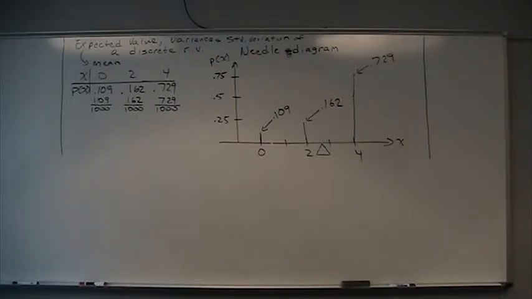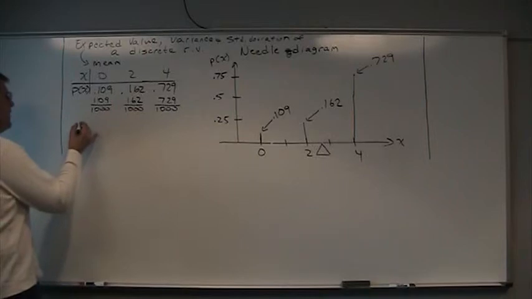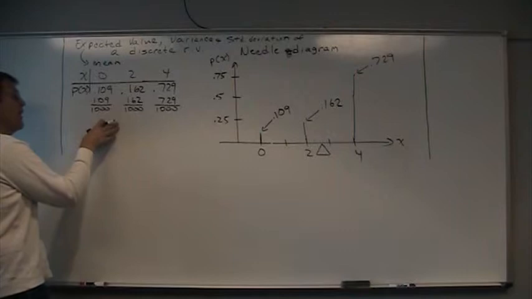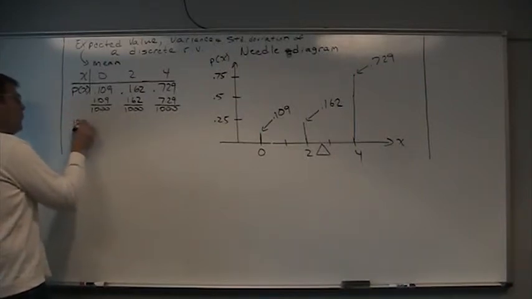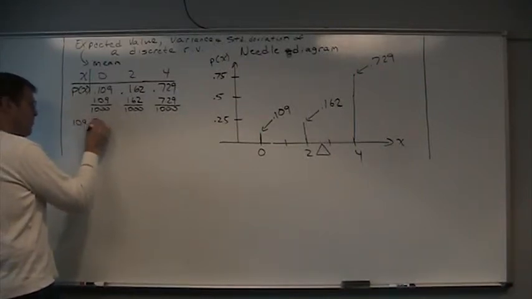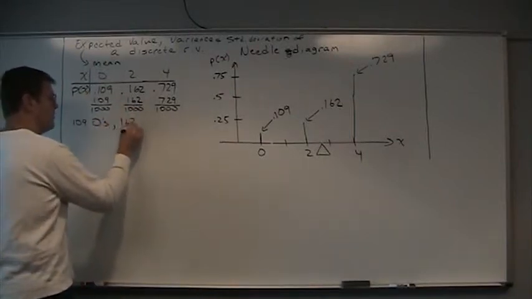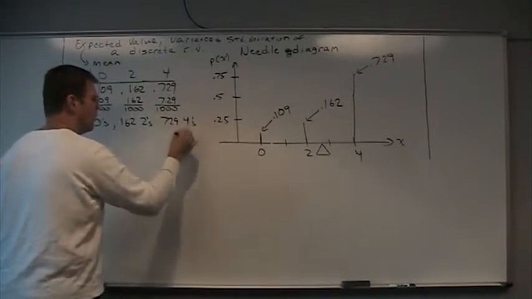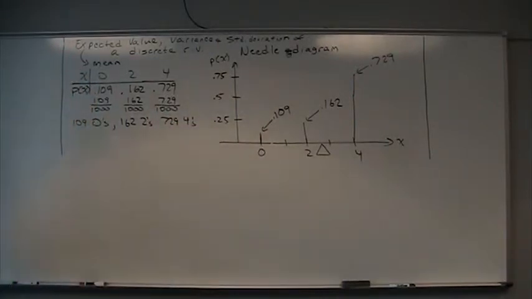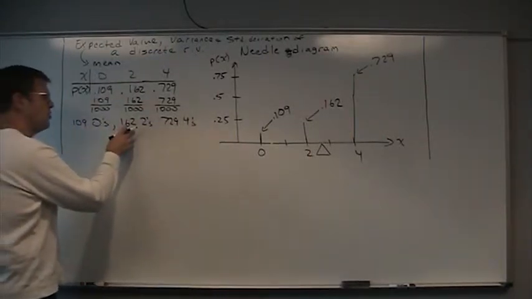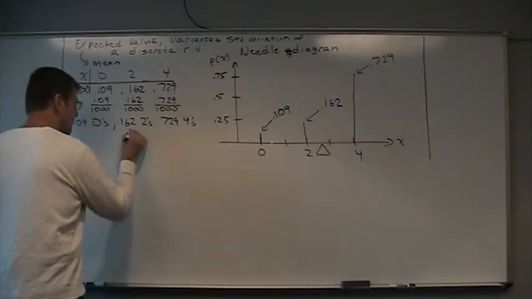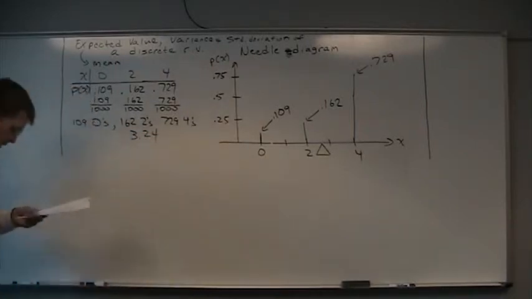So basically, we can take a look at this from the standpoint that we're going to have, on average, out of every 1,000 times, we're going to have 109 zeros, 162 twos, and 729 fours. If we were to take the average of 109 zeros, 162 twos, and 729 fours, what we would end up getting is 3.24.